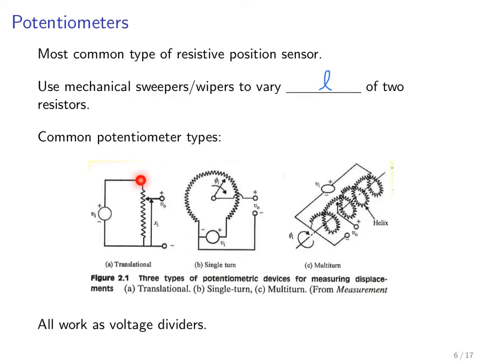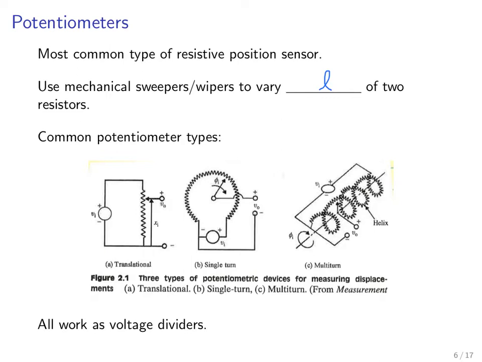So it's got 3 ports, and we measure the output voltage across it. It's a voltage divider, and it depends on the position of the wiper along this resistance. So we can measure any given displacement within this range. We also have a single turn rotary or angular potentiometer.